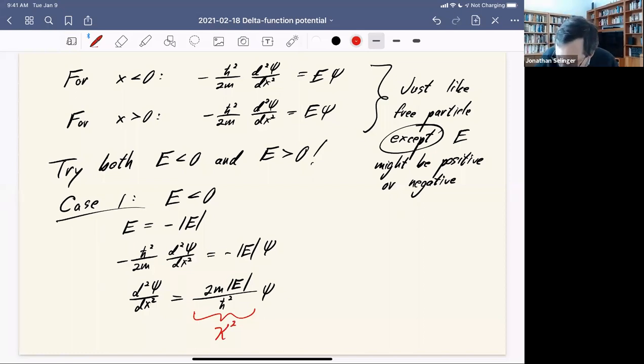Okay, so this is my handwriting for the lowercase Greek letter kappa. My handwriting's not so good on that, but just to let you know. Okay, so that's my handwriting for kappa. Okay, so the equation is that the second derivative is equal to kappa squared times psi.